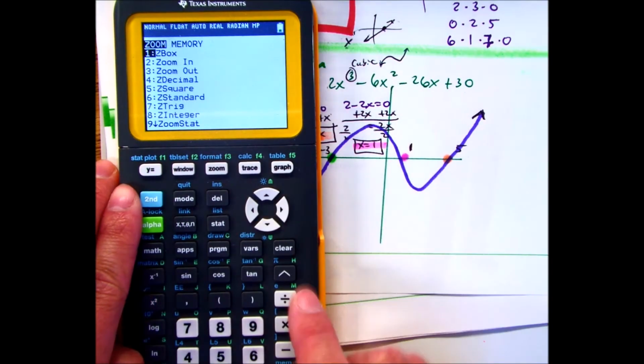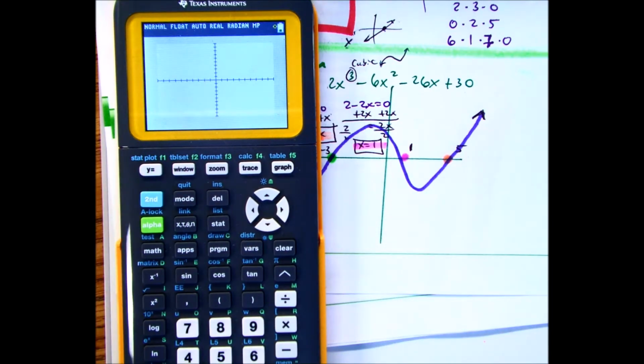Press zoom. Standard. That's what the graph looks like.